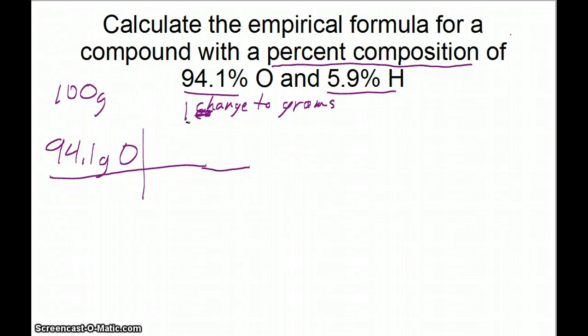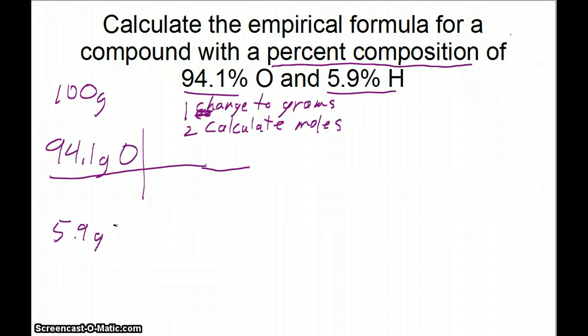Step 2 is calculate moles. Since we did this with oxygen, we're also going to do this with hydrogen. So we have 5.9 grams of hydrogen here. We need to convert these to moles.